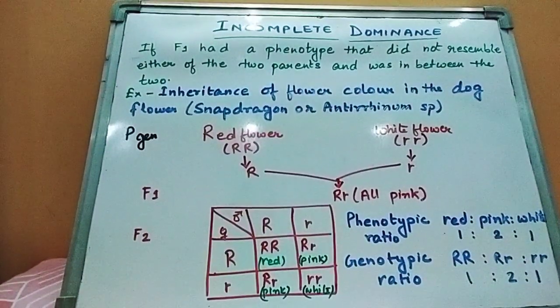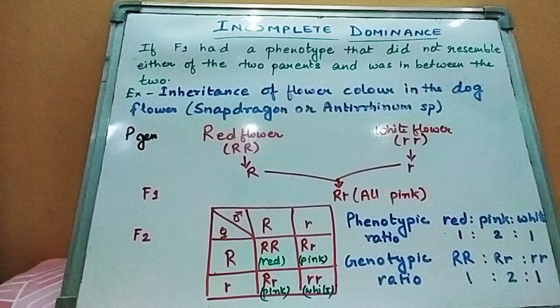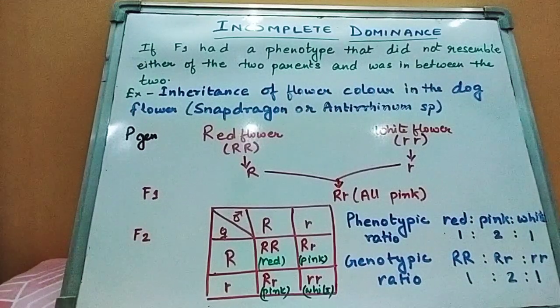So the genotypic ratio would be the same as was found in the Mendelian monohybrid cross, but what happened in the phenotype is that instead of getting red, a pink flower was produced. That is the incomplete dominant feature of the trait. That means the allele was not completely dominating. Hence, an in-between character was produced.